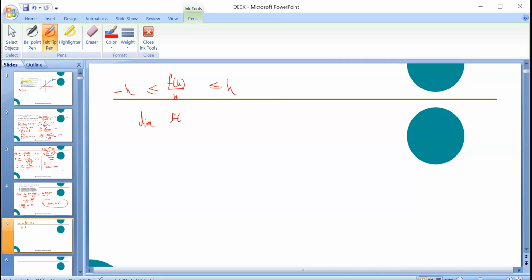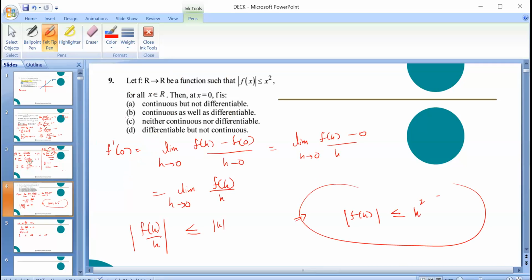So, using the squeeze theorem or sandwich theorem, the limit of f of h by h as h approaches 0 will be 0. So we got f dash of 0 is 0. That means the function is differentiable. Differentiable implies continuous. So option B, continuous as well as differentiable.